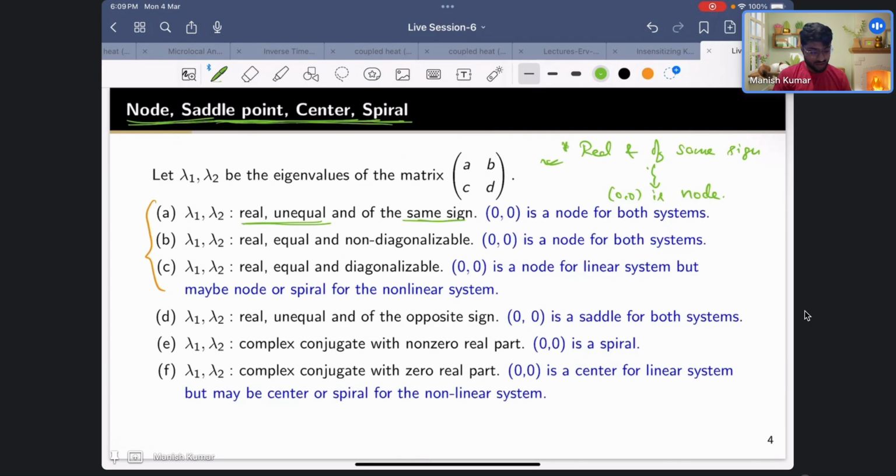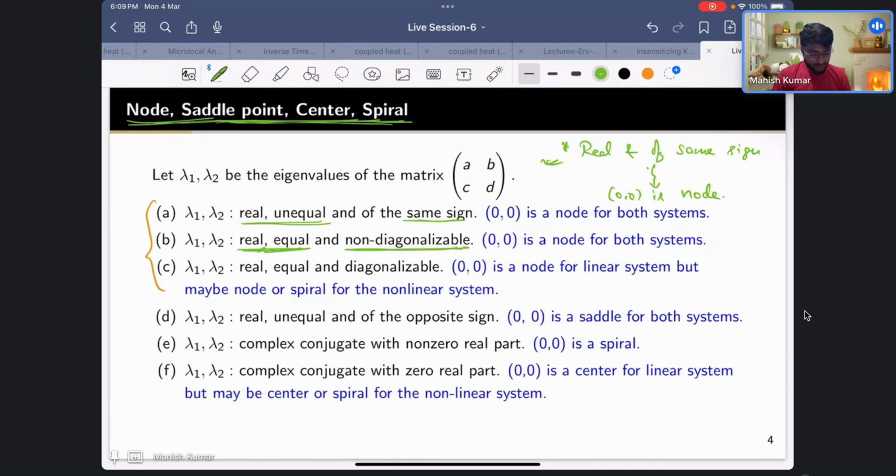Nothing changes in this case, even when you have a real and equal eigenvalue but it is not diagonalizable. In a 2 cross 2 matrix, not diagonalizable means the algebraic multiplicity and geometric multiplicity are not the same, right? In that case also it is a node for the nonlinear system.